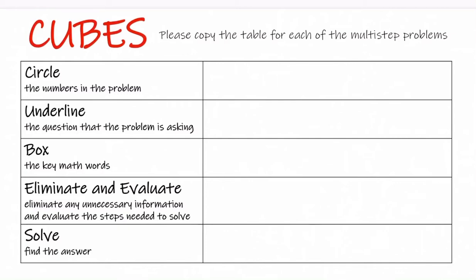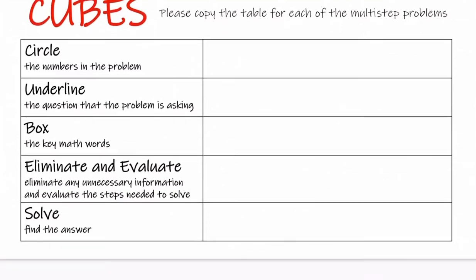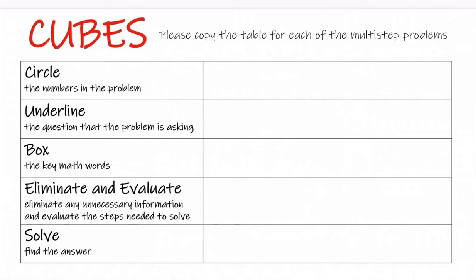Okay, so if you unpaused it, I need you to write down cubes at the very top, and then I want you to write down the five rows to the left, and have circle, underline, box, eliminate, evaluate, and solve.